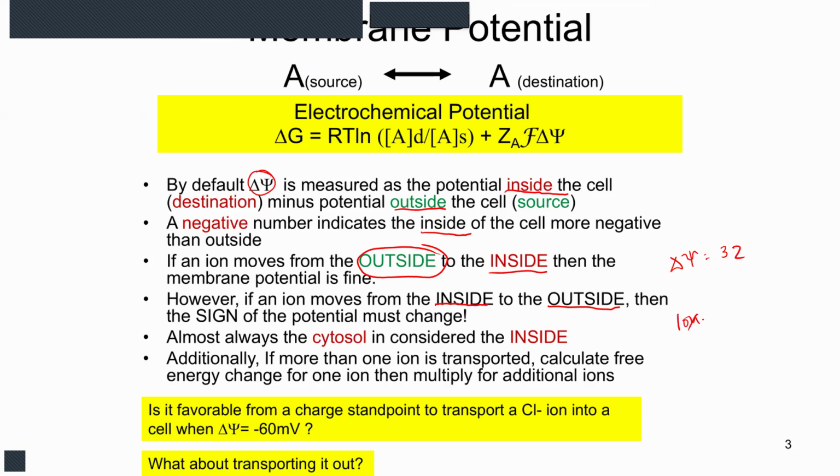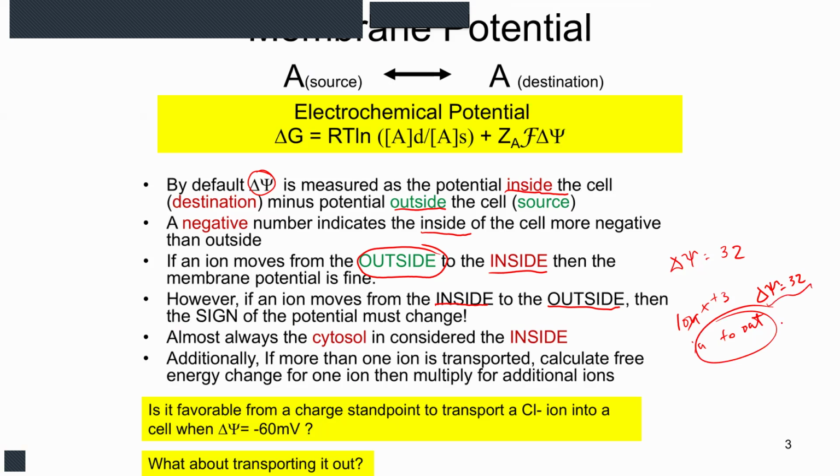So this scenario would be ion X, we'll say, with a +3 charge, moves from in to out. So thinking about that, this ion is being released, or this ion is being exported. If you're given a delta psi of 32, then you'd say, okay, this is going from the inside to the out.